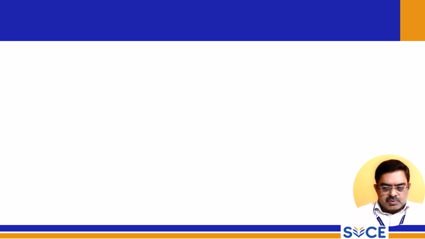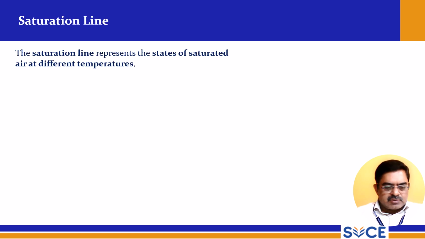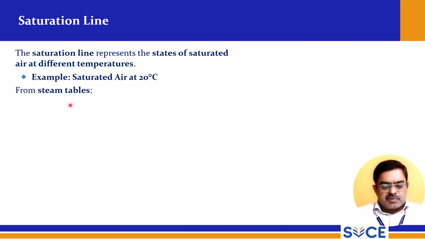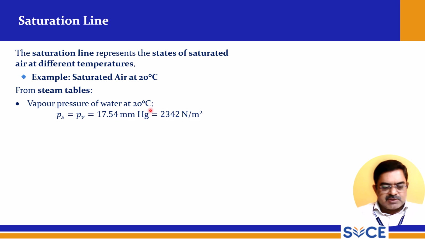Coming to the saturation line, this line represents the states of saturated air at different temperatures. Take an example of saturated air at 20 degrees Celsius, where we have to find the vapor pressure of water from steam tables.